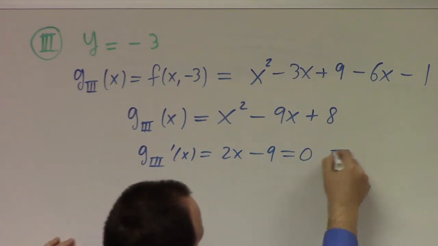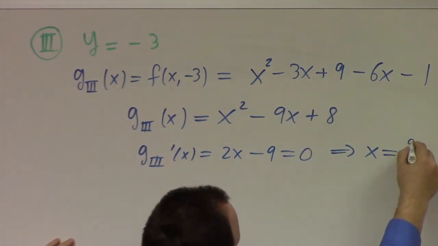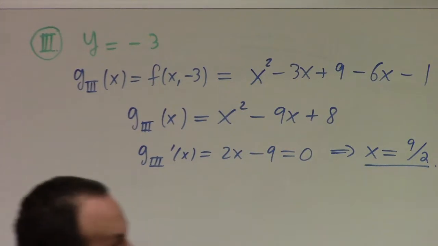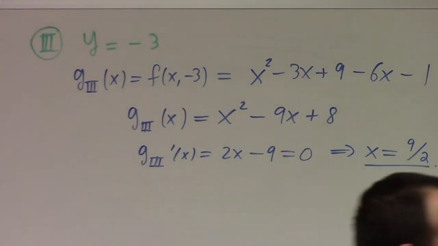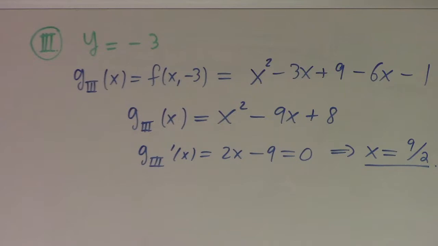That equal to 0 tells me that x is equal to 9/2, annoyingly, again in the domain of consideration. 9/2, in other words, 4.5. What was that? Minus 3. I'll let you guys work on that. I'll go on to the next leg. I do want to actually answer other homework questions today.